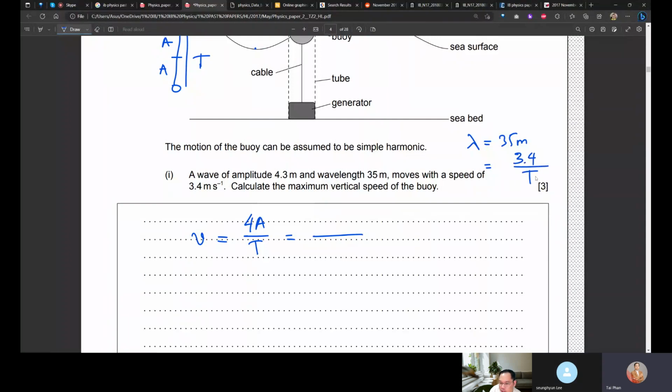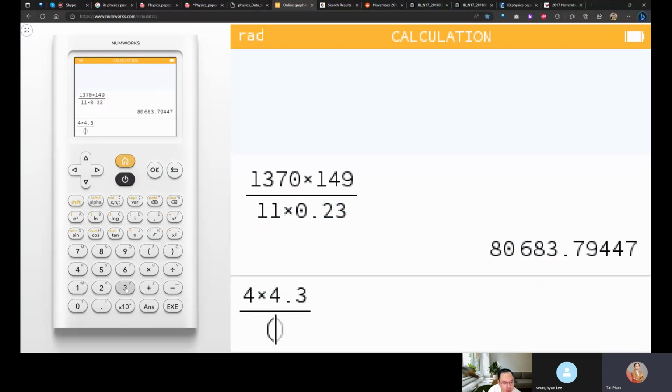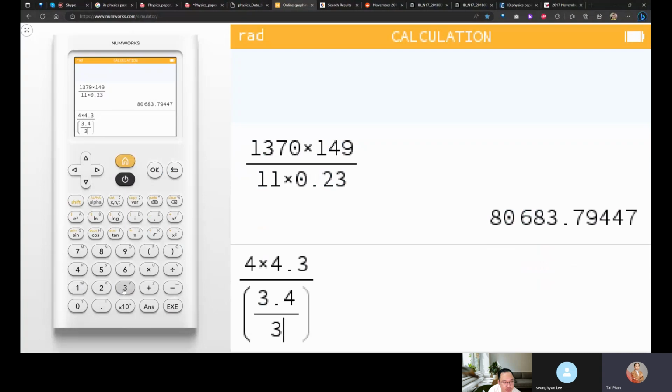Therefore the period can be calculated by 3.4 speed divided by 35 wavelength. So the period is 3.4 divided by 35, and 4 times the amplitude is 4.3 meter. So this is the solution, 3 marks. Calculate that: 4 times 4.3, and then divide 3.4 for the speed, divide by wavelength 35.